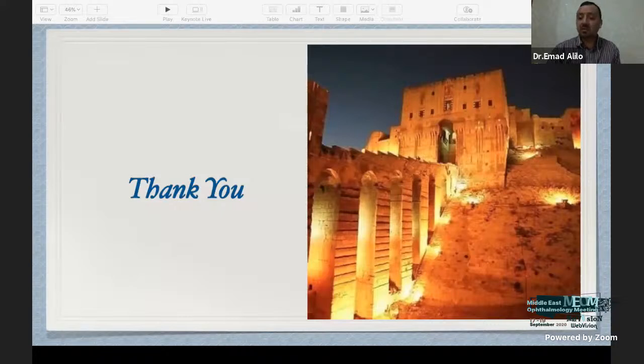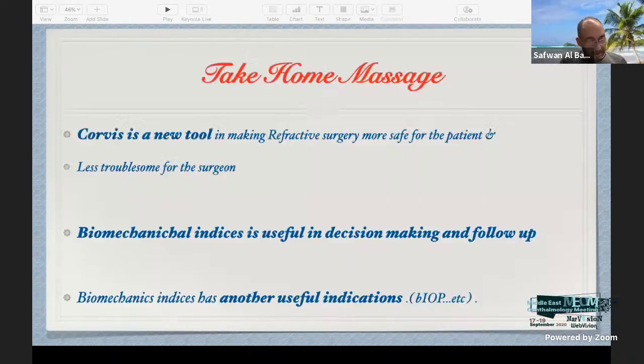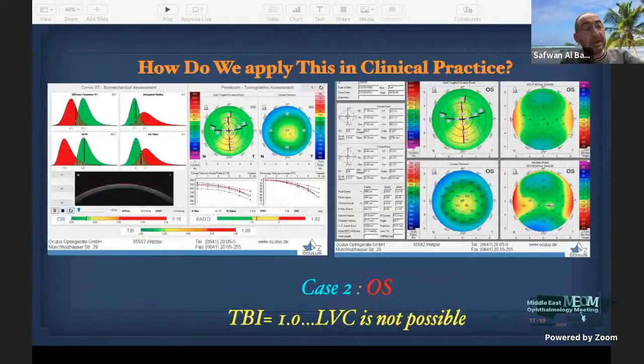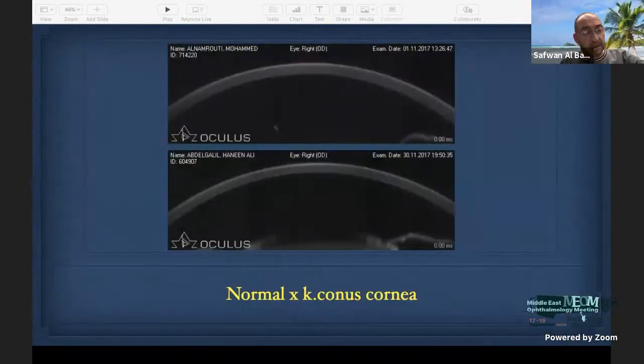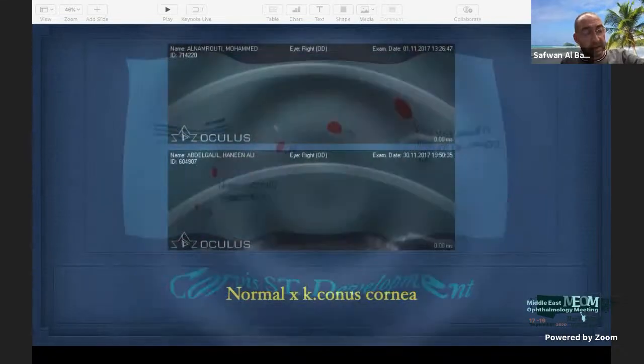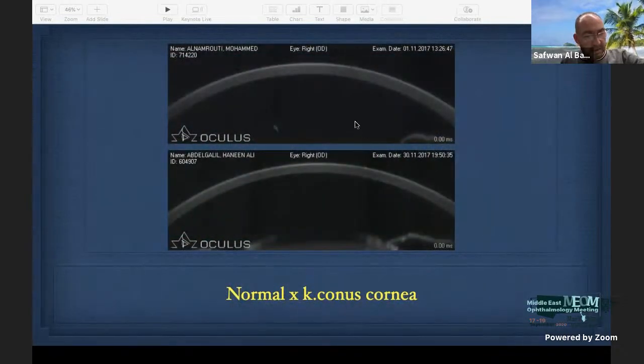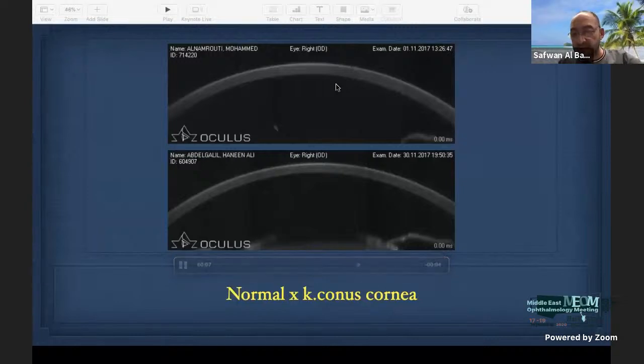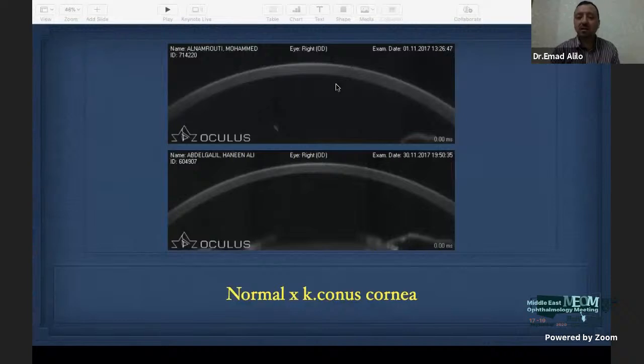Thank you very much. Great, thanks, Dr. Imad. It was a very interesting lecture on an interesting subject. We are around with Paolo Vinciguerra for a few cases, especially follow-up of post cross-linking treatment. I was there at the beginning when they introduced it.